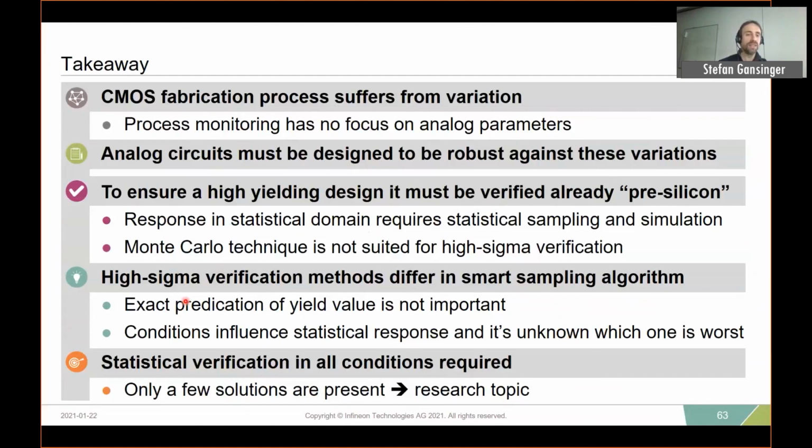We learned that the high sigma verification methods are maybe not what we really need in analog design, because we do not want to predict the high yield value. Even that is impossible because of inaccuracies in the model, for instance. And there is the big topic of conditions. So the statistical response of our circuit might change at different temperatures, different supply voltages, and so on.